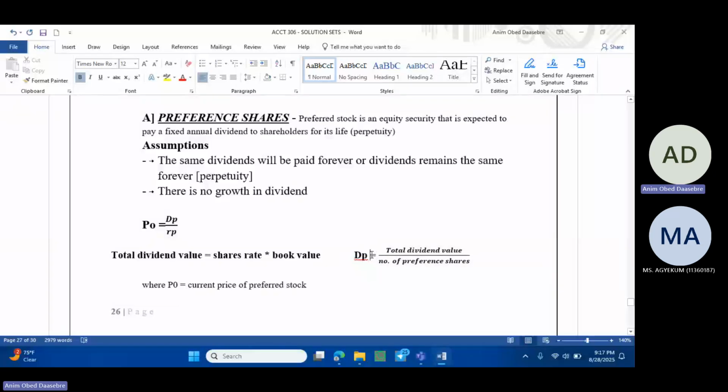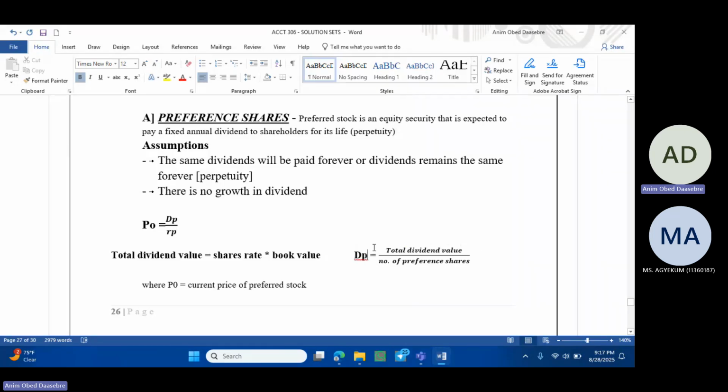If the share has a life of maybe 5 years, it's for the whole 5 years. But with the preference share dividend, we want the annual dividends, the one that relates to us every year.